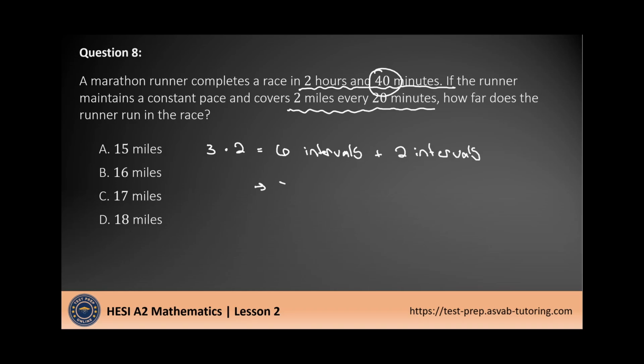So we have a total of 8 20-minute intervals. In each one of these intervals, we're running 2 miles, right? That's the second part of the problem. So all we're going to do here is 8 intervals times 2 miles for each interval equals 16 miles.